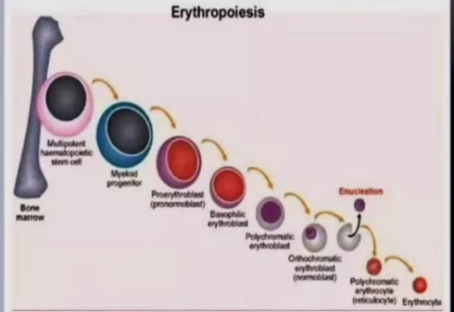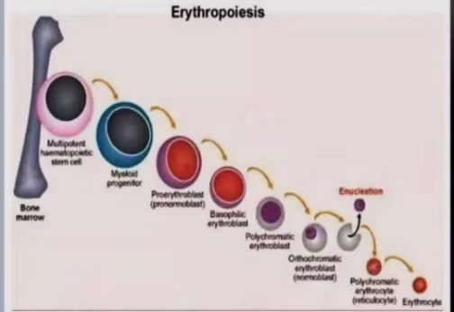And the cytoplasm of autochromatic erythroblast stains with red dye, and this is due to the increase in hemoglobin content of the cell.